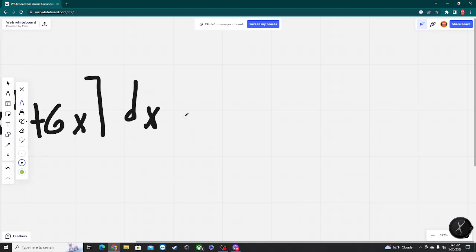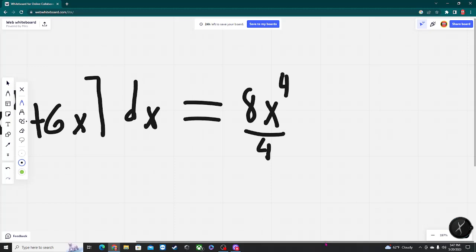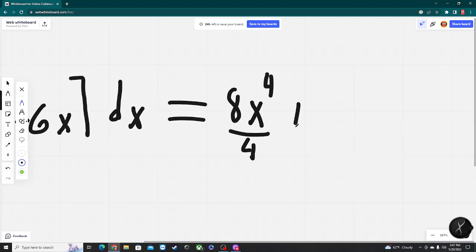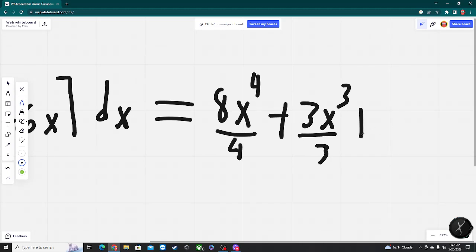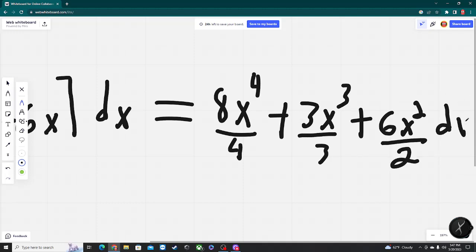So we had 8x to the third, so we're just gonna do x to the fourth over 4 plus 3x to the third over 3 plus 6x squared over 2. And that's our antiderivative.